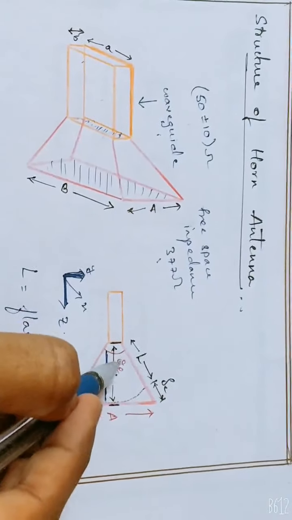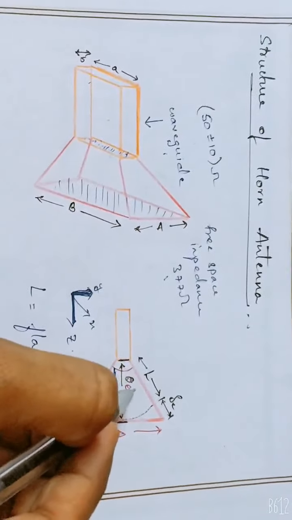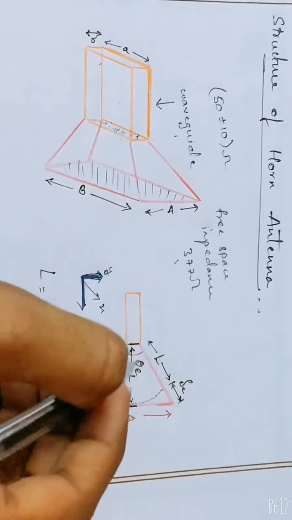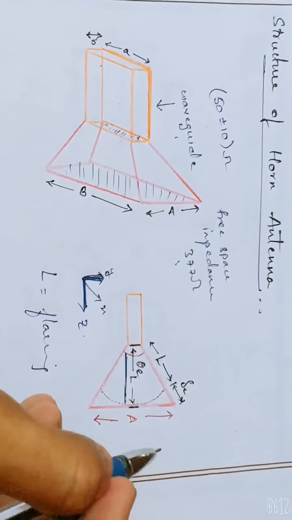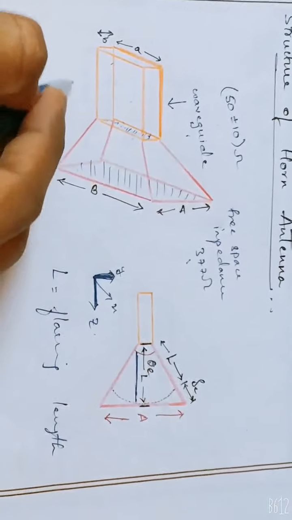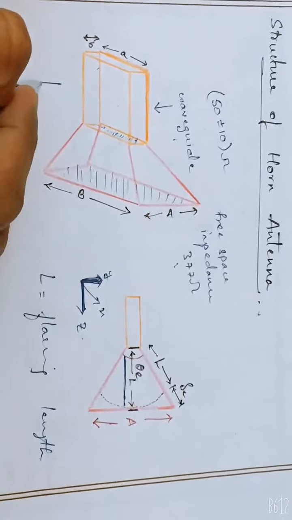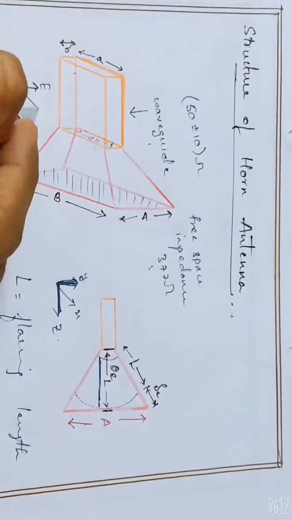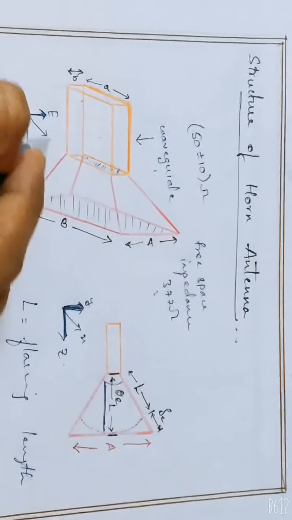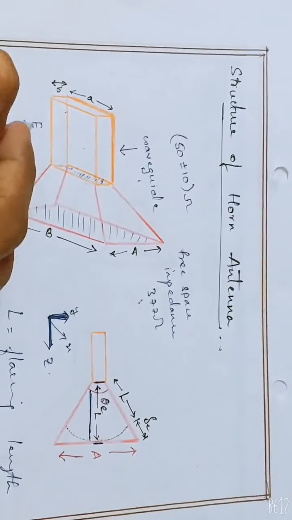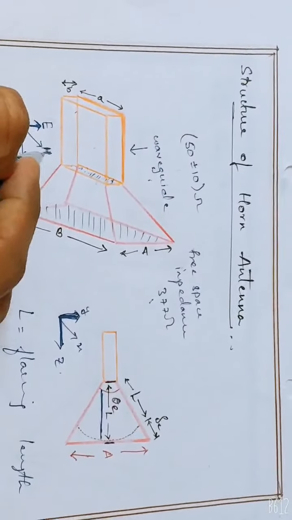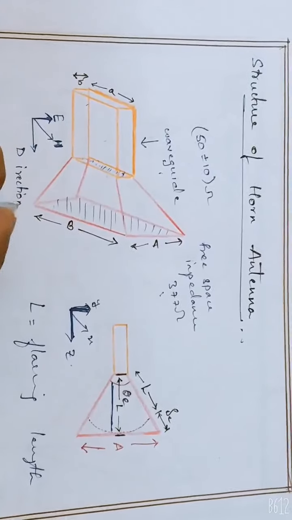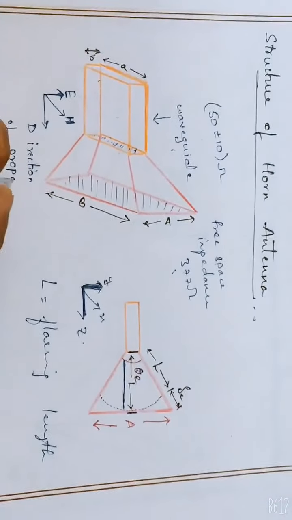Here the angle is taken as theta E, which represents the angle of the cross-sectional area with respect to the electric field. We have three directions: this direction is oriented as the electric field, this one as the magnetic field, and this is oriented as the direction of propagation.